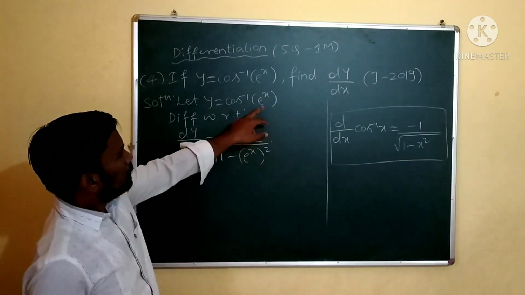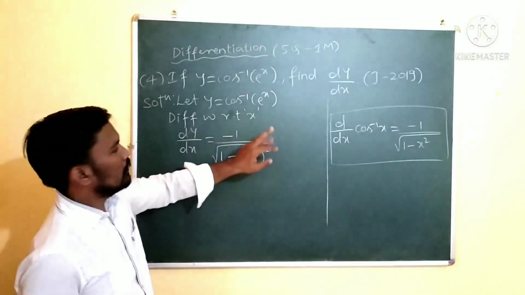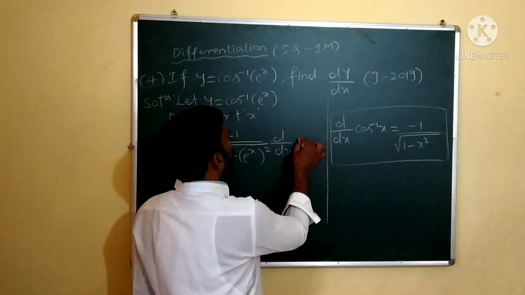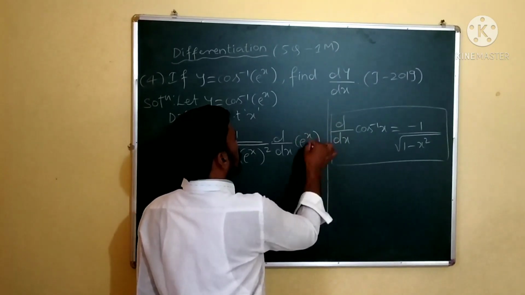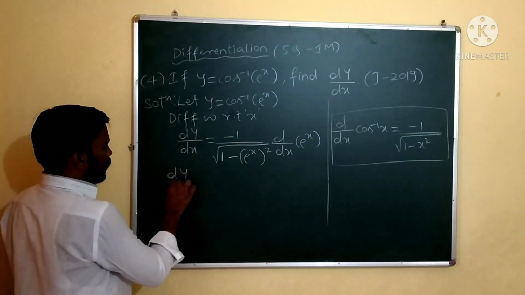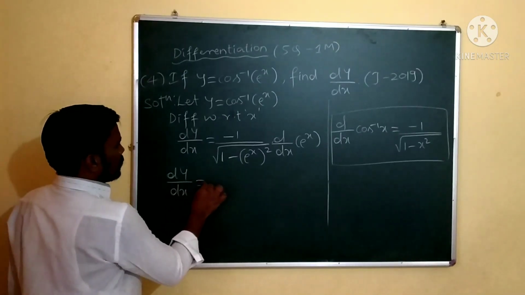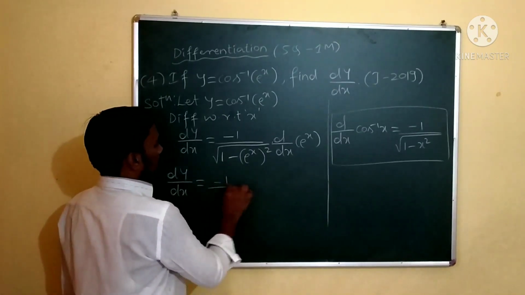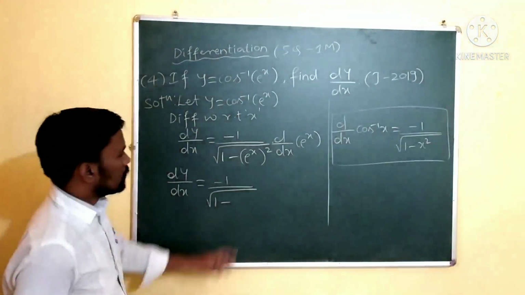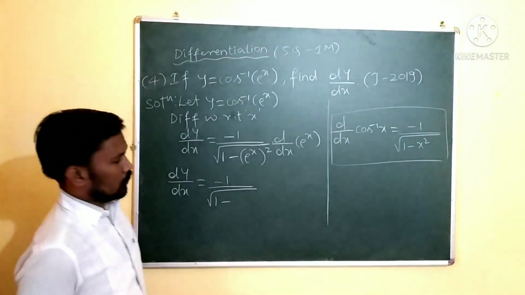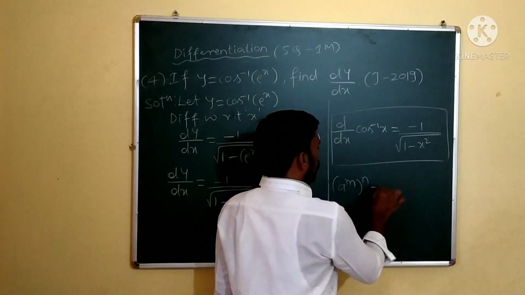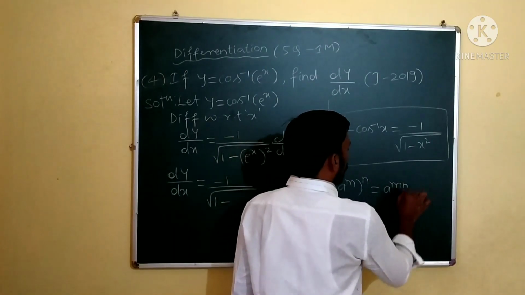Now take the derivative of the function which is inside the bracket. Right? That is d by dx of e to the power of x. Now dy by dx is equal to minus 1 divided by root of 1 minus. So now use the laws of indices. e to the power of x raised to 2, like e to the power of m raised to n is nothing but e to the power of m into n.